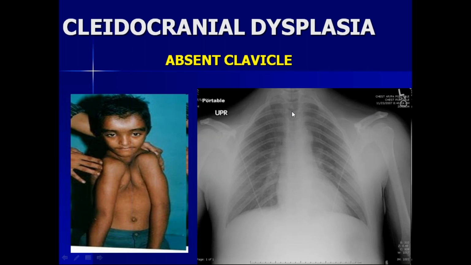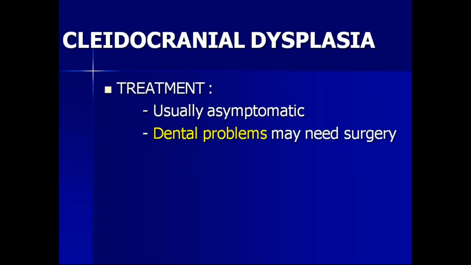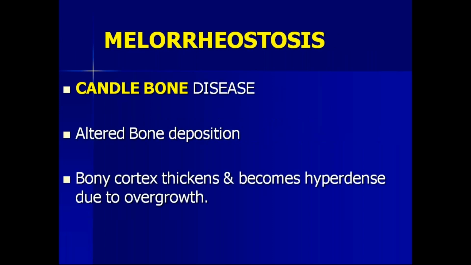So you have absent clavicles, which can bring both shoulders together. So cleidocranial dysplasia is a defect in membranous ossification, and you have absent clavicles and abnormal skull. Patients are usually asymptomatic. Dental problems may need surgery.